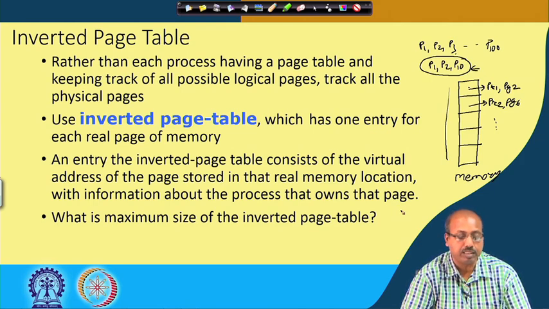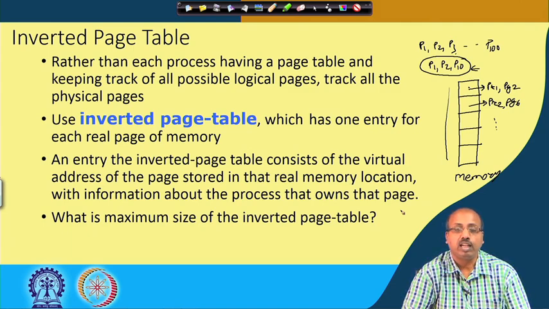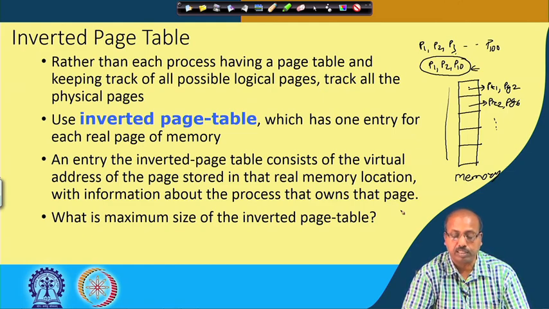It has one entry for each real page of memory. Whichever pages have been loaded into the memory, for them only I will have an entry in the inverted page table. An inverted page table entry consists of the virtual address of the page stored in that real memory location, with information about the process that owns that page.